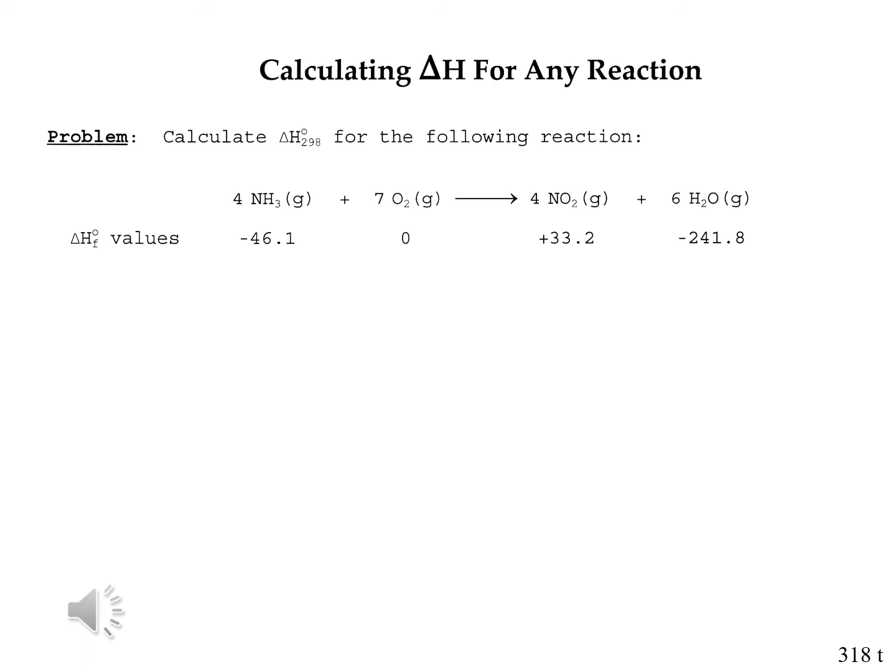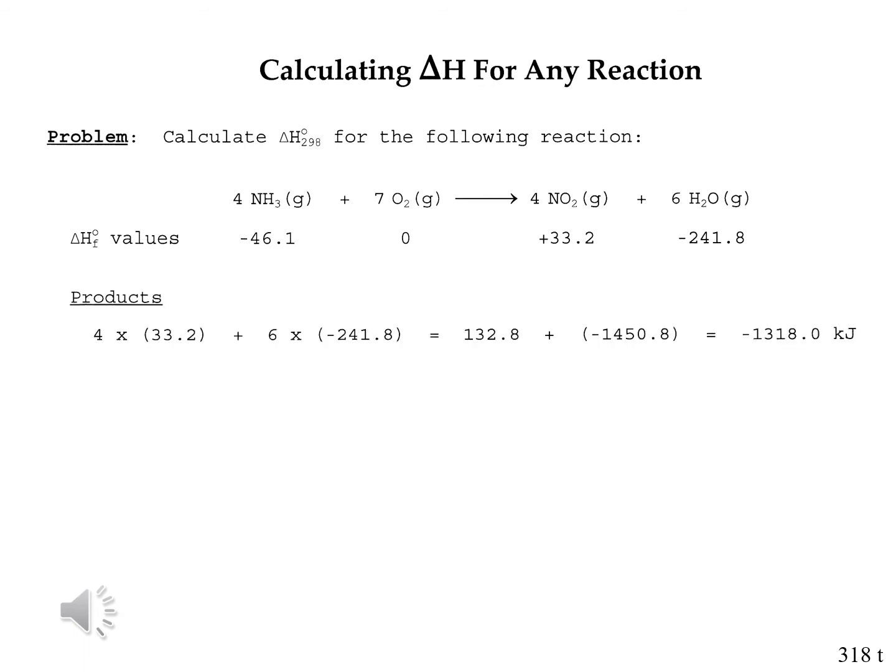And for water, you have to watch it because water can be either a gas or a liquid at room temperature. So make sure you're using the one for what's in that equation. One way to do this, and I always do it this way separately, you can get a number for the products. Remember that the number in the table is per mole.